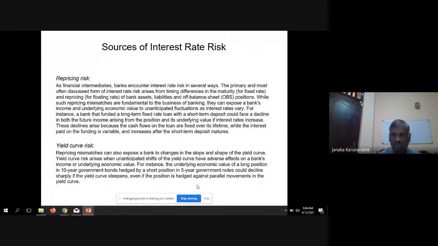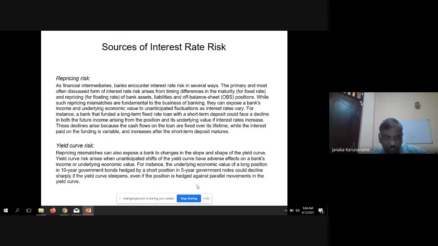Now, if you take a scenario of interest rate rising, then what happens? You have to reprice your liabilities more often, at a faster rate, than the repricing of your assets. In a rising interest rate environment, this will have a negative effect.